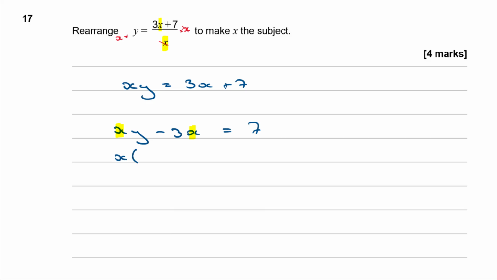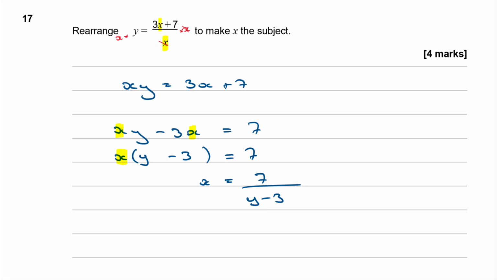So put an x at the front of my bracket like that, and then x times what is xy, it's y, and then x times what is minus 3x, it's minus 3. So by factorizing, I've gone from having two terms with x in to just one occurrence of x. And then just to finish it off, I'm going to divide both sides by y minus 3, and I'll end up with x equals 7 over y minus 3, and that's going to be my final answer.